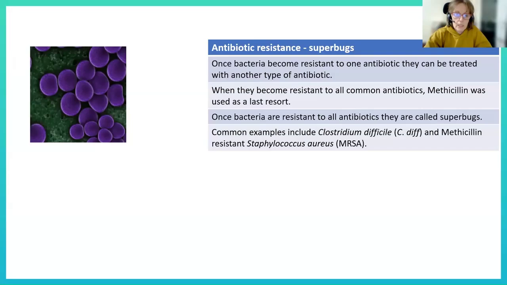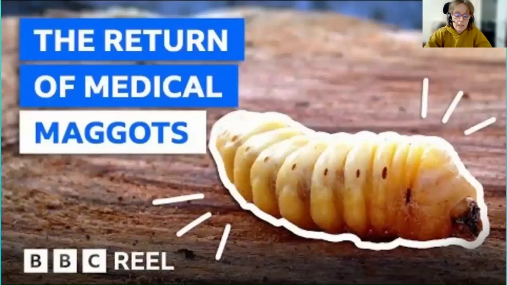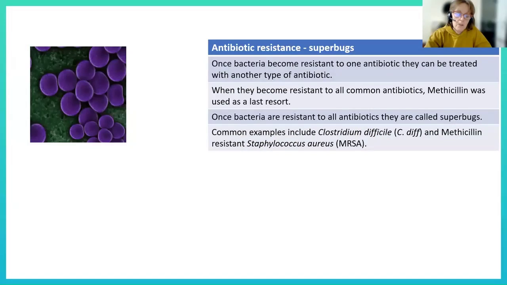What you can do is use these maggots, basically what they used to do back in medieval times. They will eat the necrotic tissue, so the dead tissue, but they don't eat any living tissue. And when they eat the necrotic tissue, that's where the bacteria is, because the bacteria is destroying the flesh. And the maggots will eat away the bacteria as well as the dead necrotic tissue.